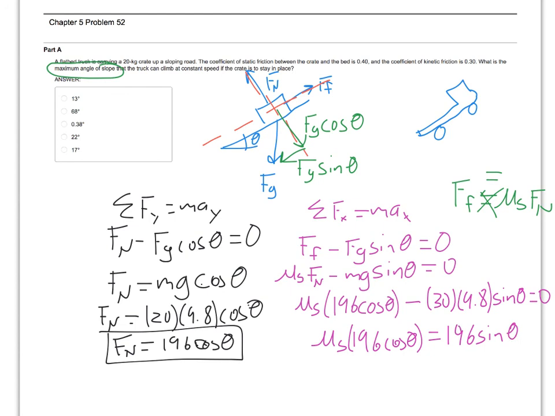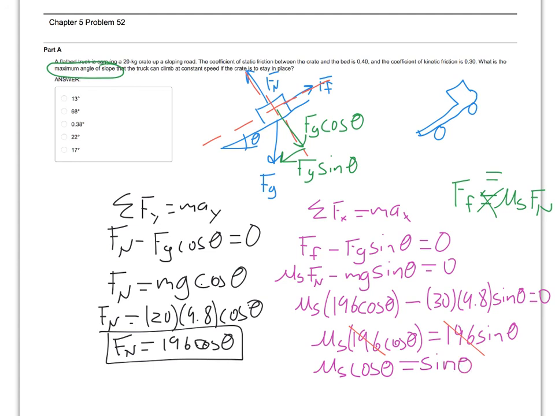So those 196's actually cancel out, and I never really needed to put them in the first place, but it's obviously okay if you do. And so what I'm left with now is mu s times cosine of theta equals sine of theta.